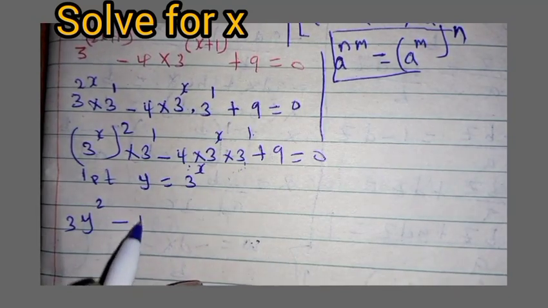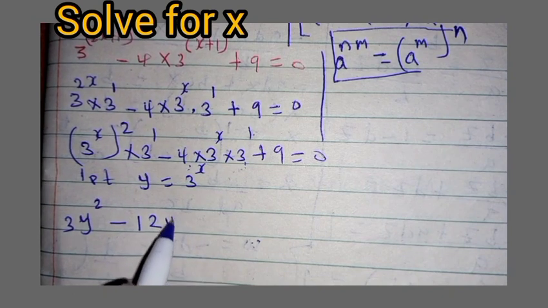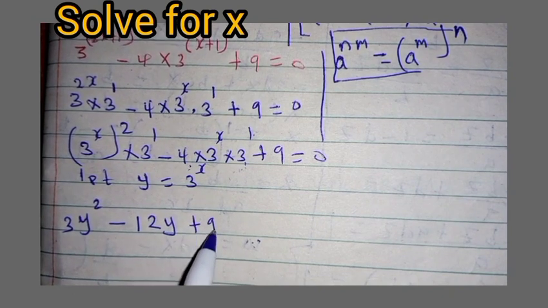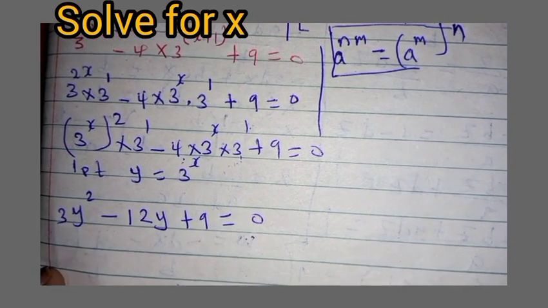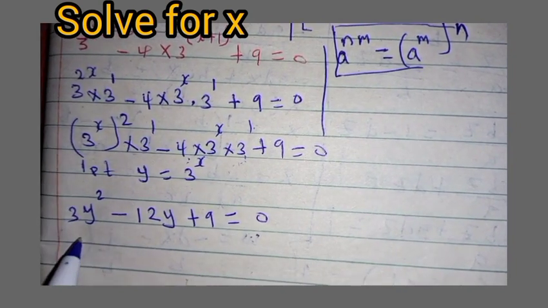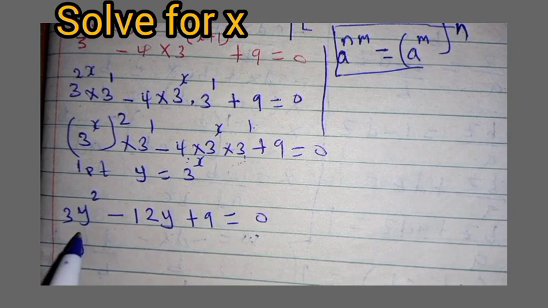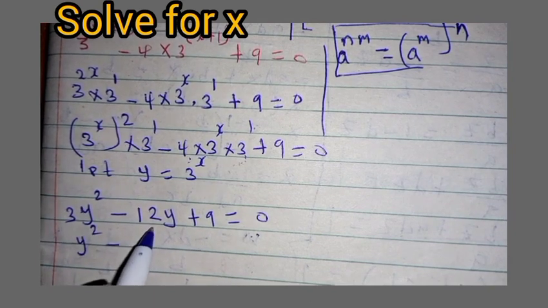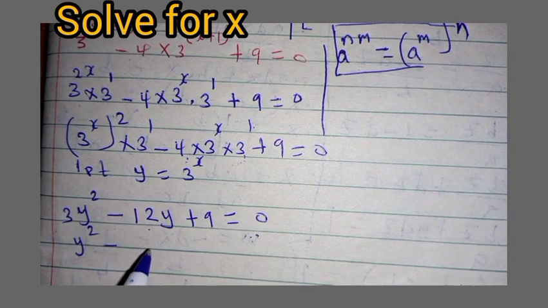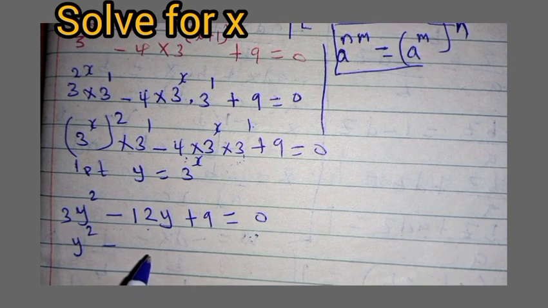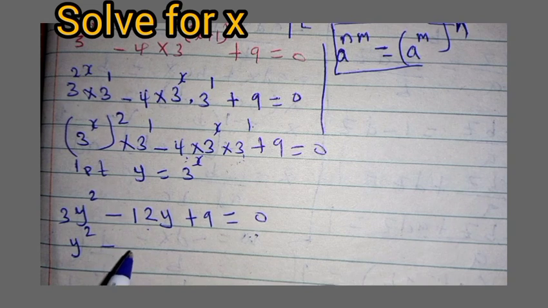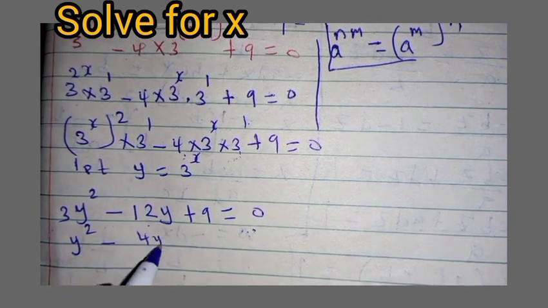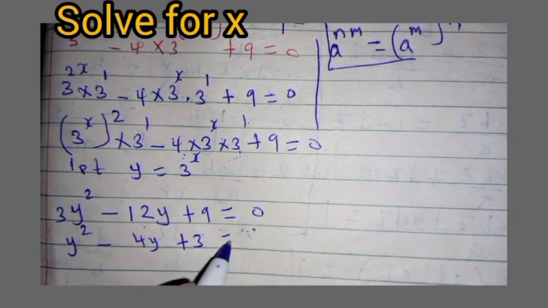So we will have 12y plus 9, which is equal to 0. This one we can divide by 3 throughout to simplify it. So we will have y squared minus 12 divided by 3, which gives you 4y plus 3, equal to 0.